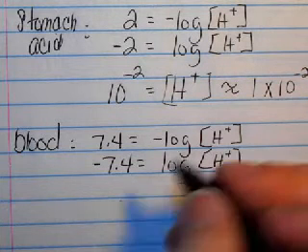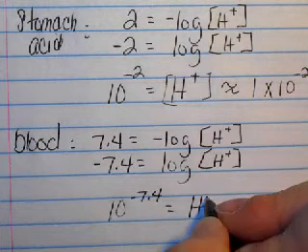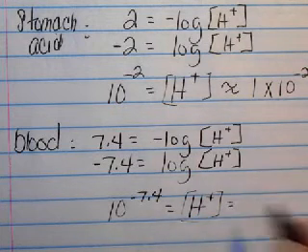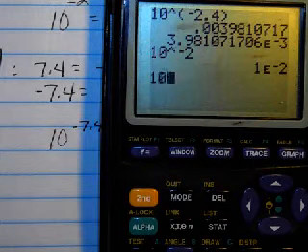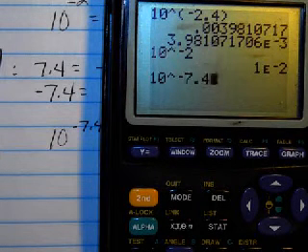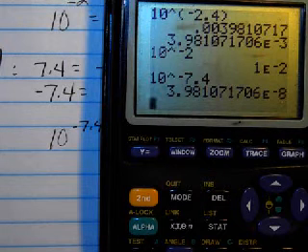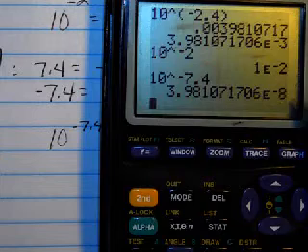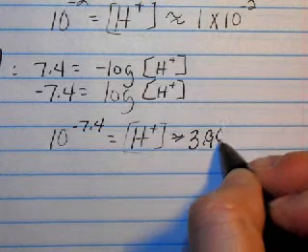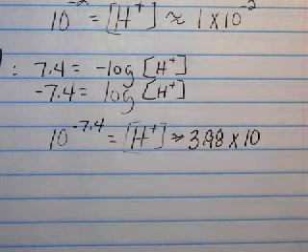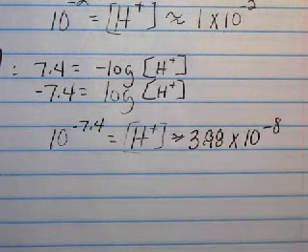It's base 10, so we have 10 to the negative 7.4 equals H positive, which equals, in turn, we'll take our calculator and do 10 to the negative 7.4, and that gives us 3.98 E negative 8, that's the 10. So this is approximately 3.98 times 10 to the negative 8 power. Okay?